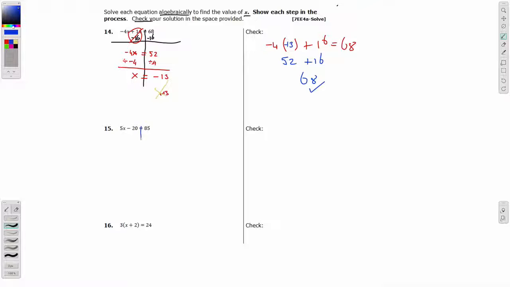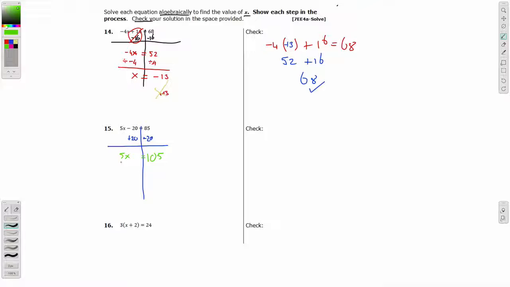Number 15. Step 0, draw the balance line. Step 1, make 0. Instead of minus 20, I need to make 0 by adding 20. Do the opposite operation, plus 20, which will give me 5x equals 105.